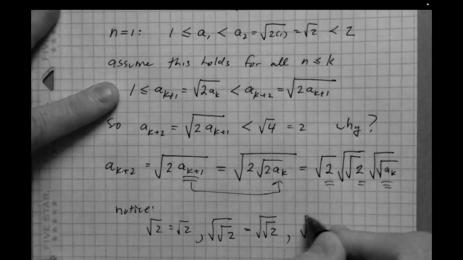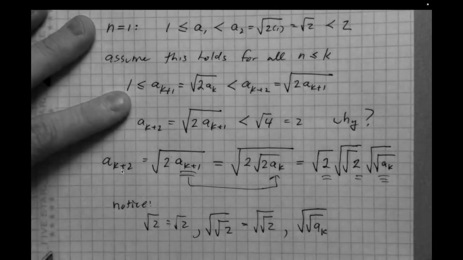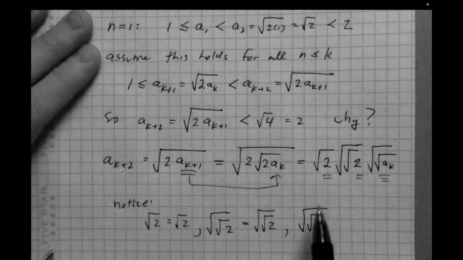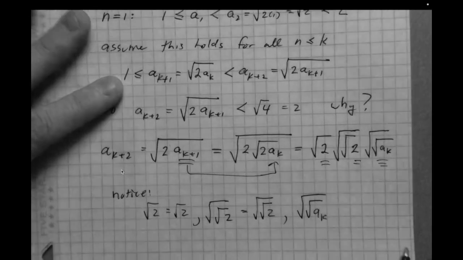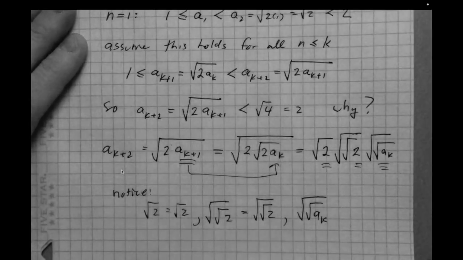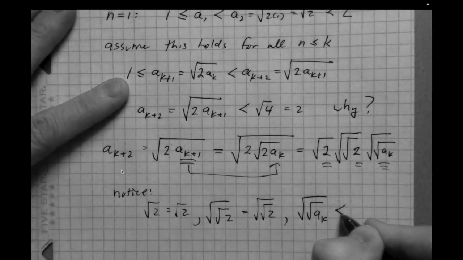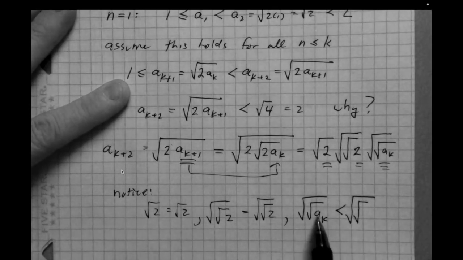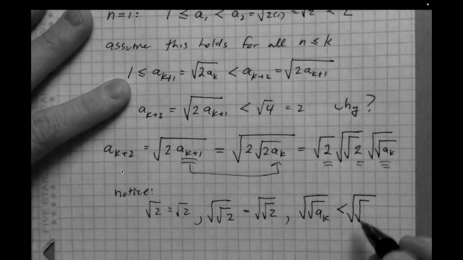The square root of the square root of a sub k. Well, we know that a sub k is less than 2, by induction, by the previous pieces. So a sub k is less than 2, so the square root of the square root of that must be less than the square root of the square root of 2.